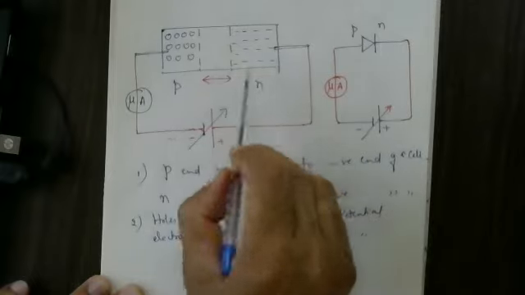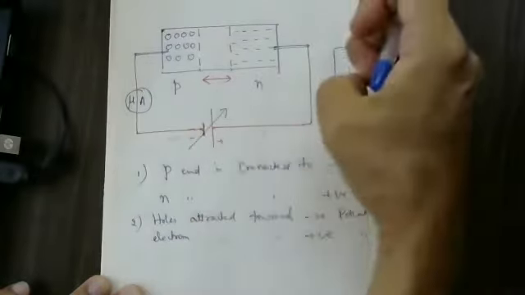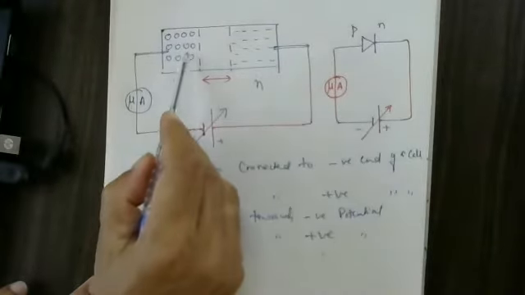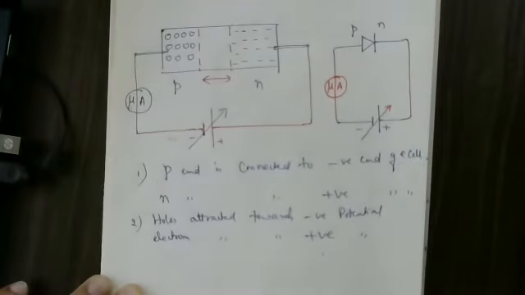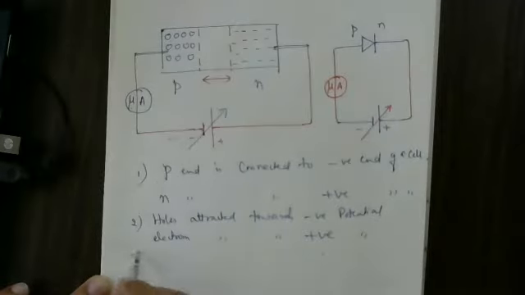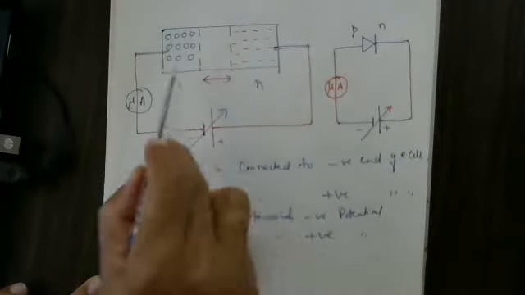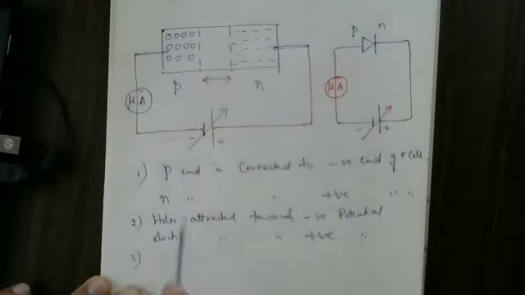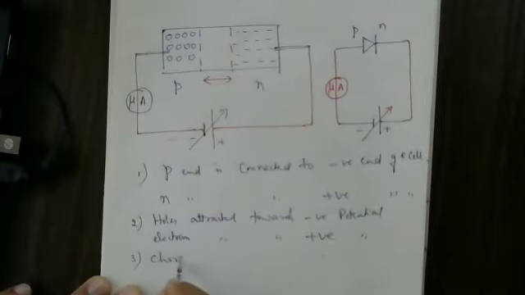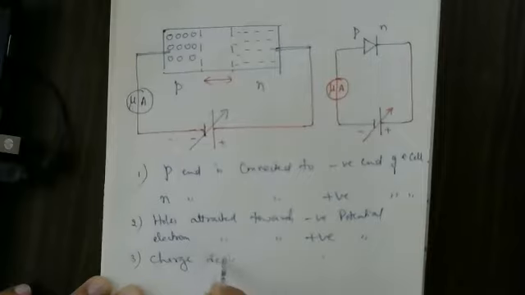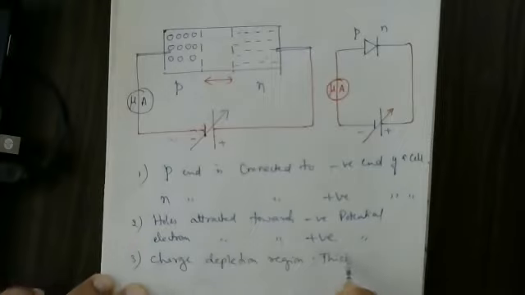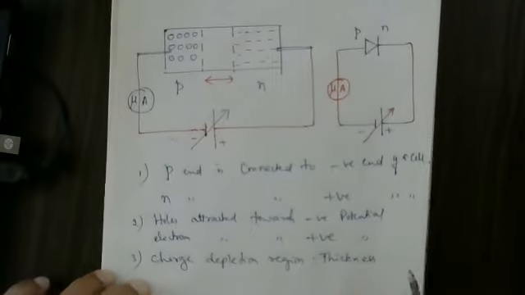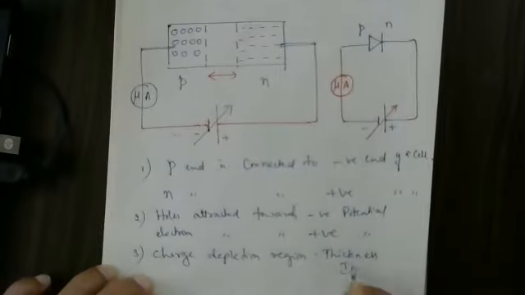Holes present here are attracted towards the negative potential. Due to this action, the charge depletion region thickness increases. So in this case, the charge depletion region thickness increases.